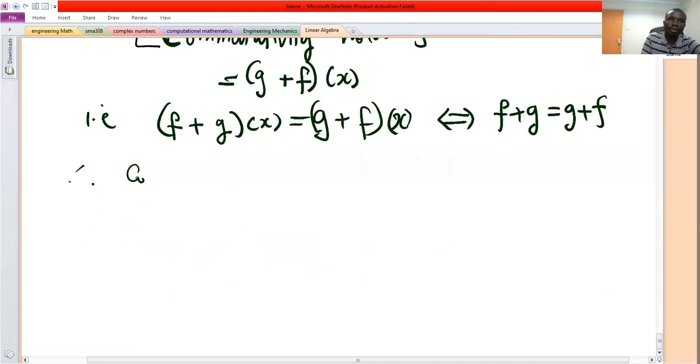So therefore, commutativity with respect to addition holds.